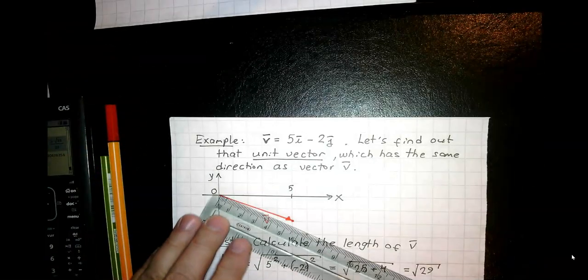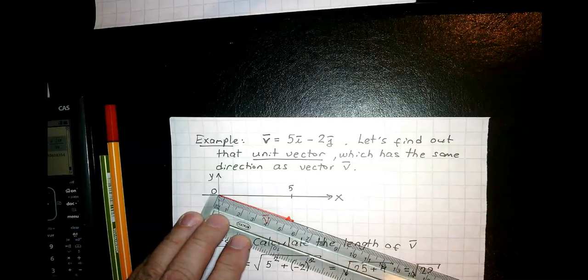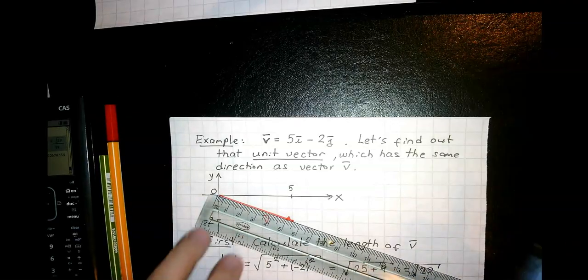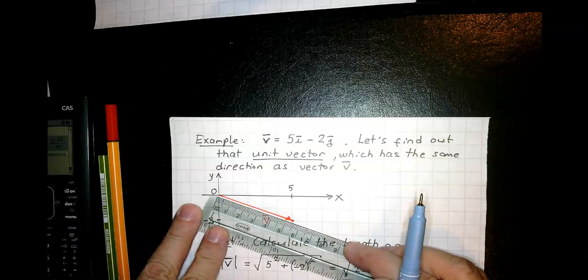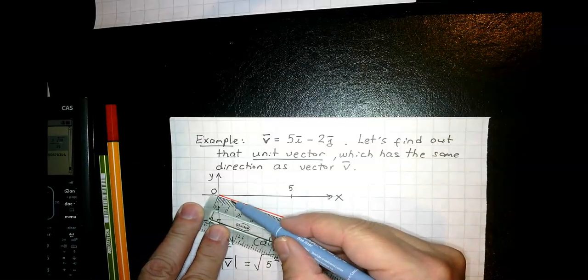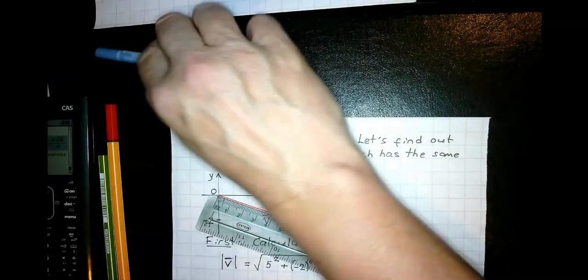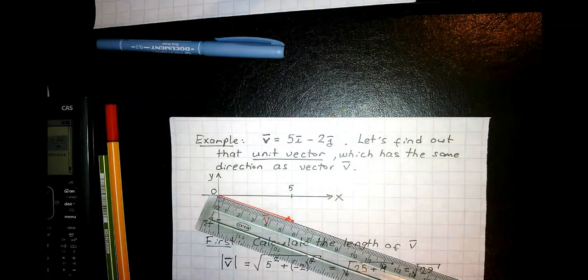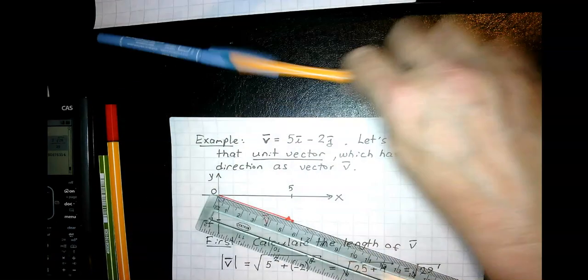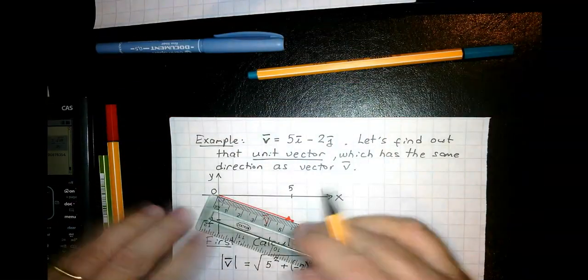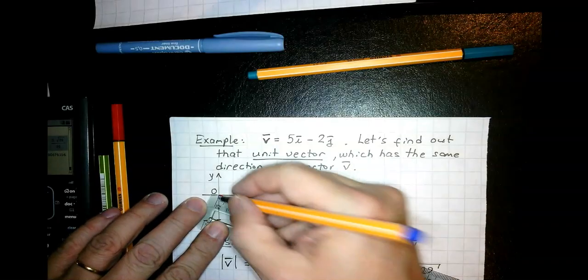So if we check here, if we have this 1 unit, the length of 1 unit of this vector, we will be at this point here. I will draw that with a different color.